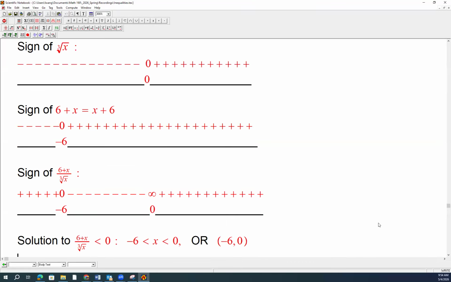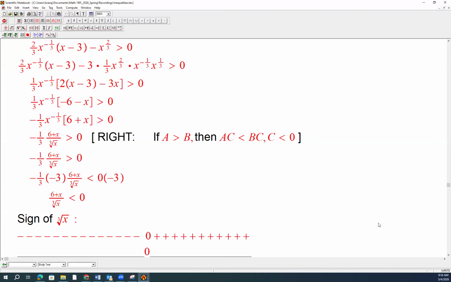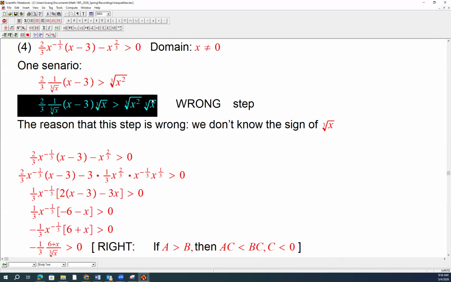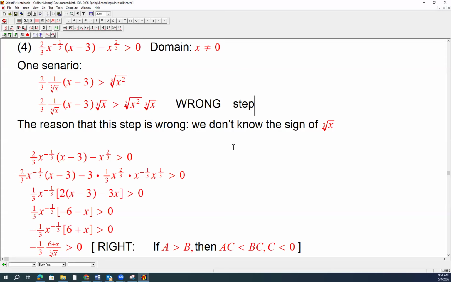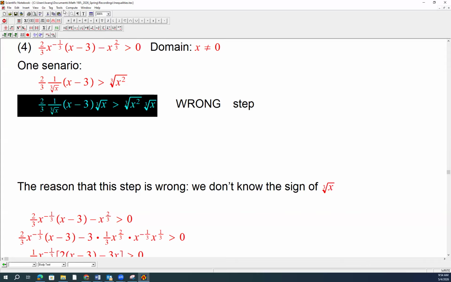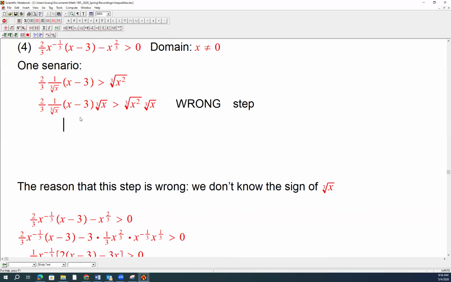Now let's go back and see, if you went the wrong way, what would you get? So say we come back here. Let's see what you're going to get from this wrong step.